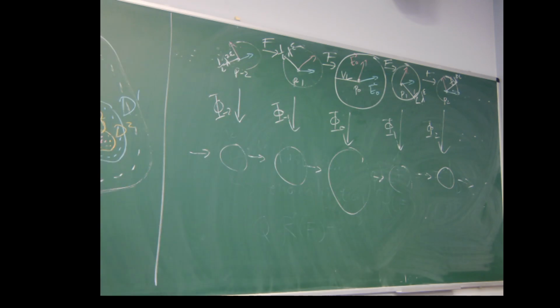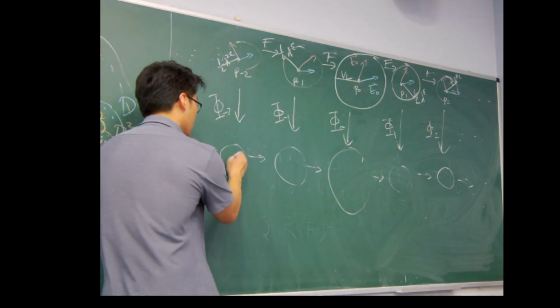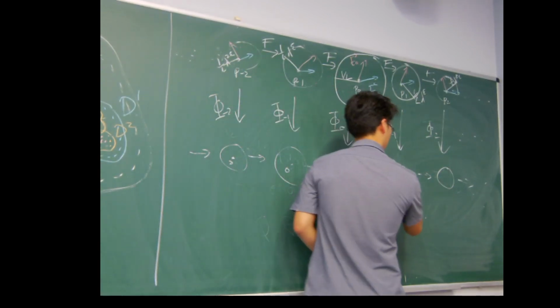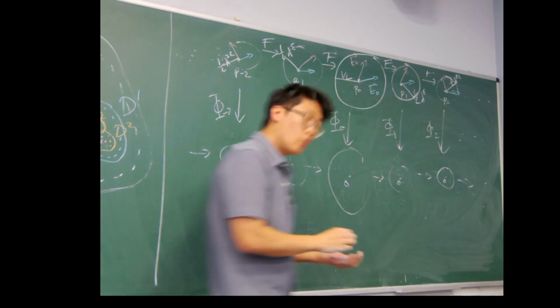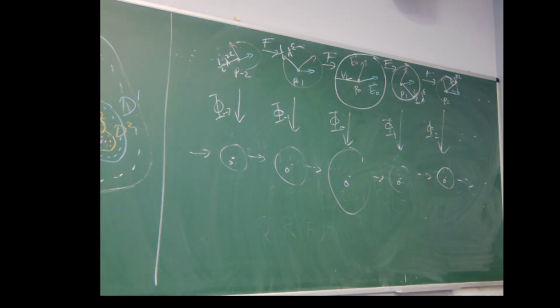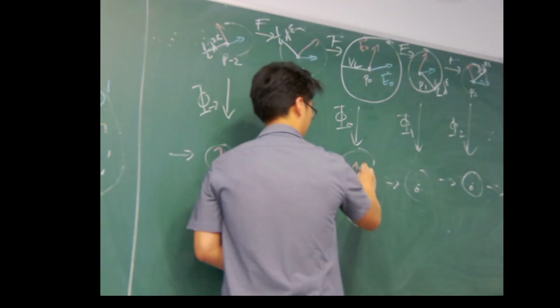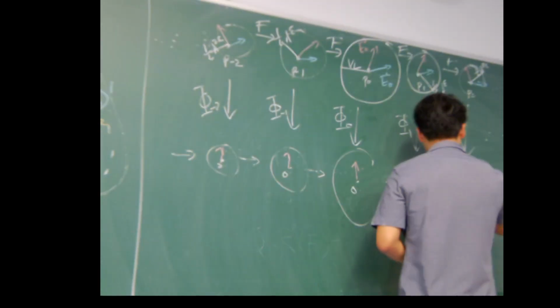And these changes of coordinates will have the following properties. First of all, it will send the orbit points to the origin. It will send the stable direction to the vertical direction. The center direction to the horizontal direction.